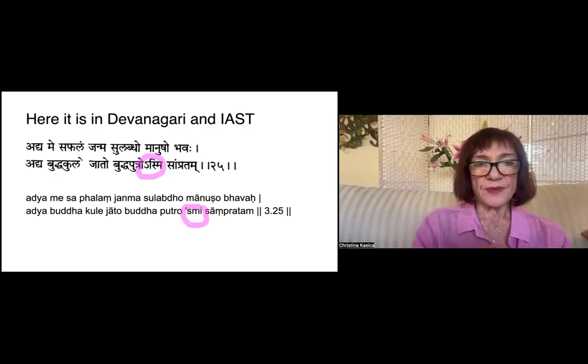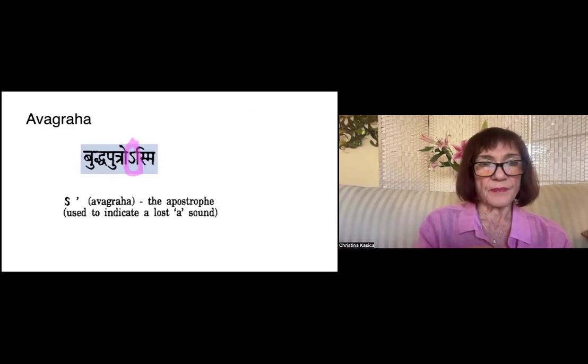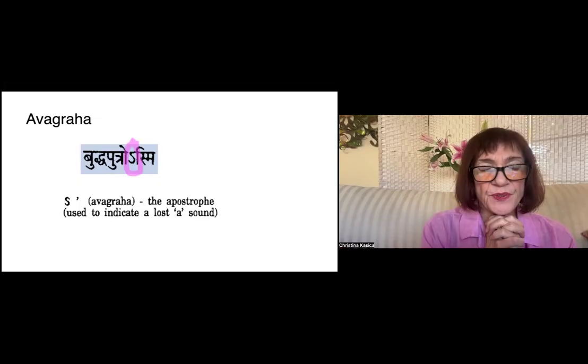So here it is in the Devanagari, and here it is in the transliteration. Next slide. If you look at the Devanagari, you see a very strange mark there.